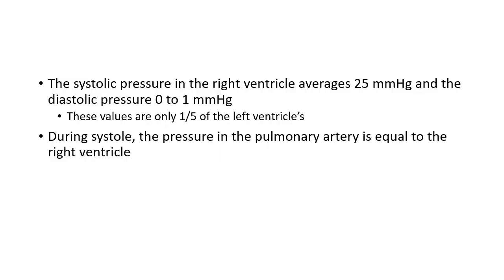The systolic pressure in the right ventricle averages 25 mercuric millimeters, and the diastolic pressure averages 0 to 1 mercuric millimeter. So when you say systolic pressure, that is the pressure inside the right ventricle when the right ventricle contracts. So the reading averages 25 mercuric millimeters, meaning when the right ventricle contracts, the pressure inside it is 25 mercuric millimeters.